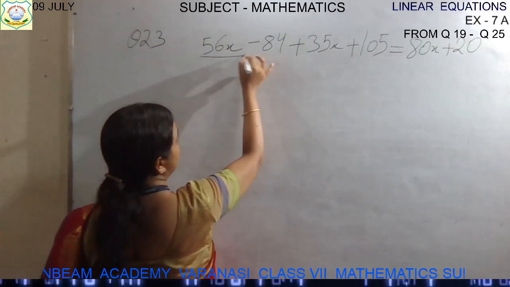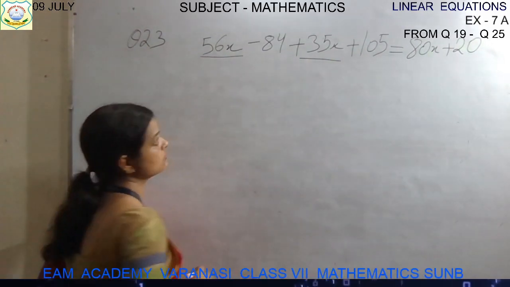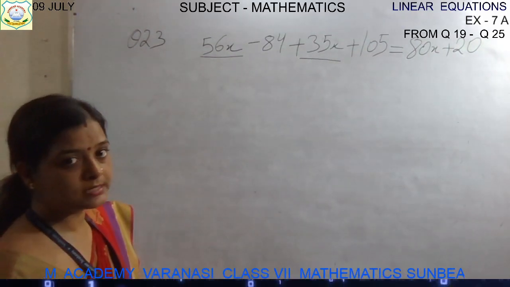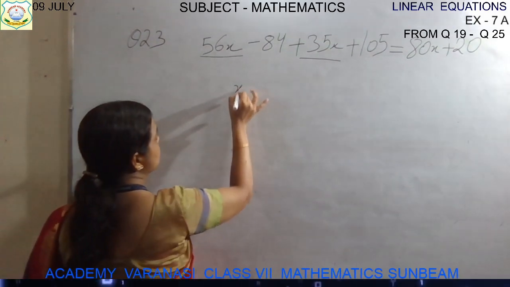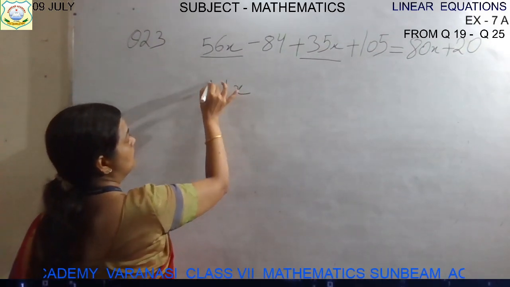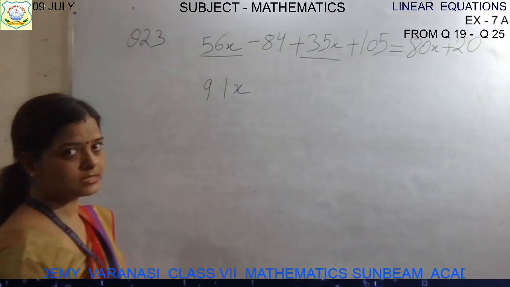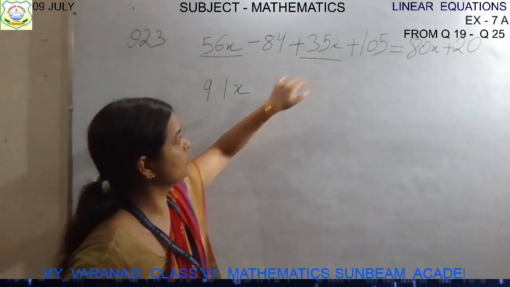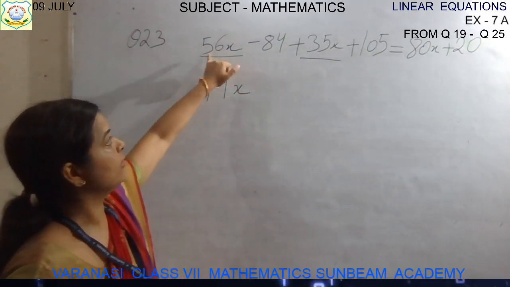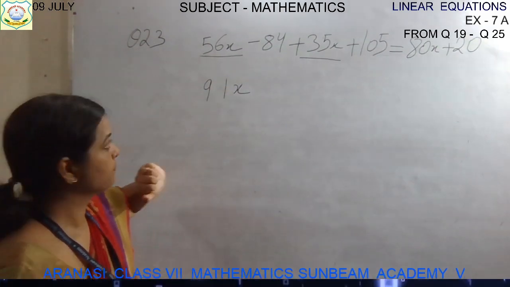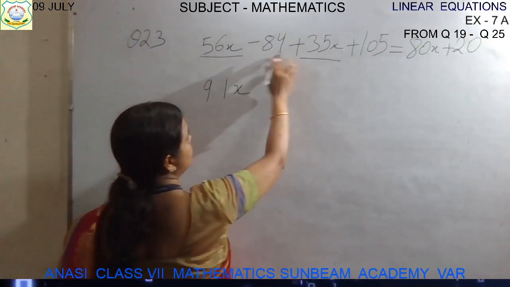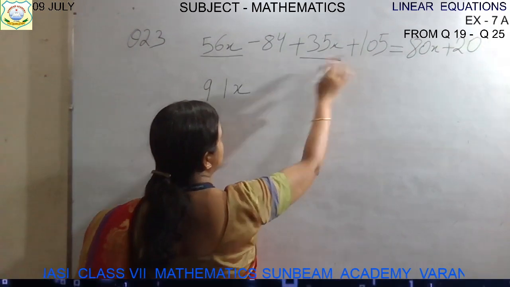So let me solve 56 plus 35, children. 56x plus 35x. So it will become 91x. Isn't it? 6 plus 5 is 11. 1 is left. 5 plus 3 is 8 and 1 is 9. And when you subtract this, why will we subtract?